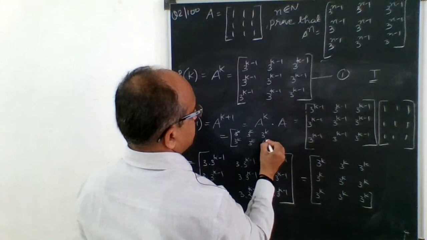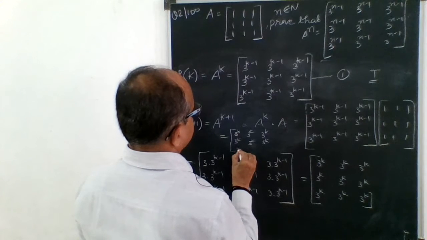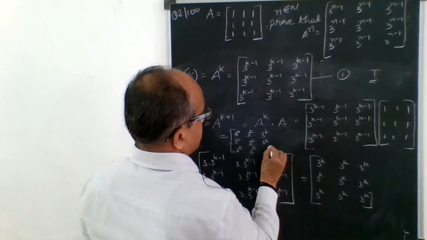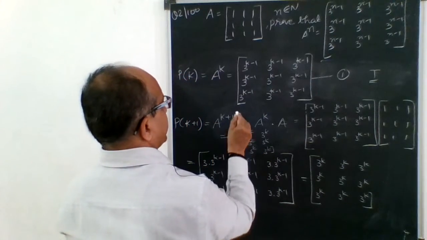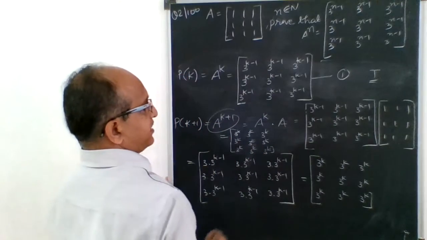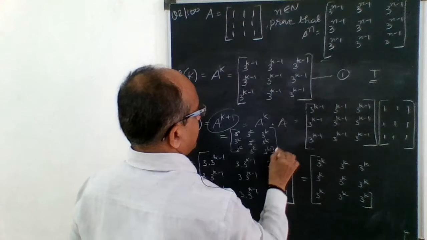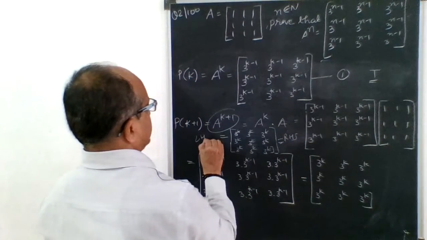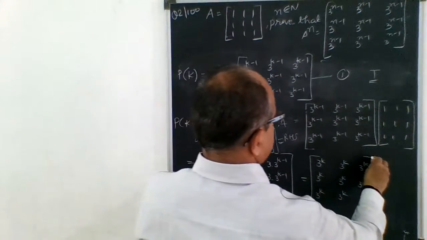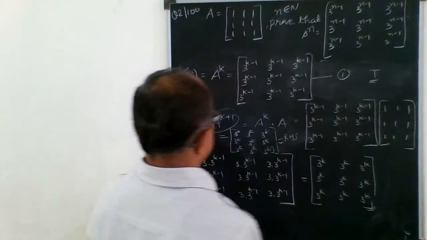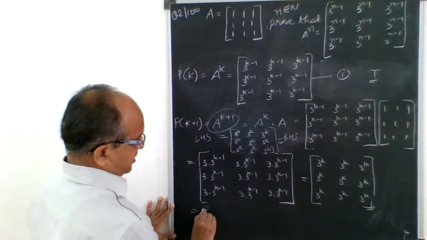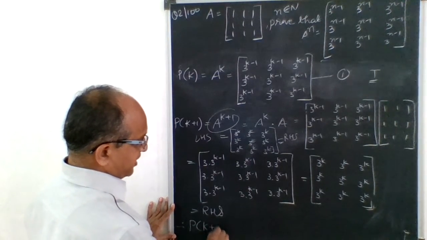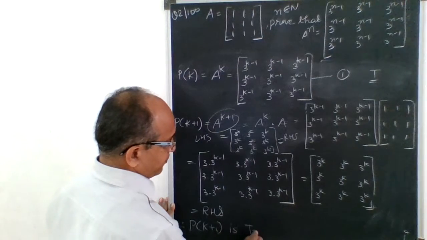All are coming 3 raised to k only. So this is the LHS and this is the RHS. Are we getting LHS equal to RHS? Hence P of k plus 1 is true.